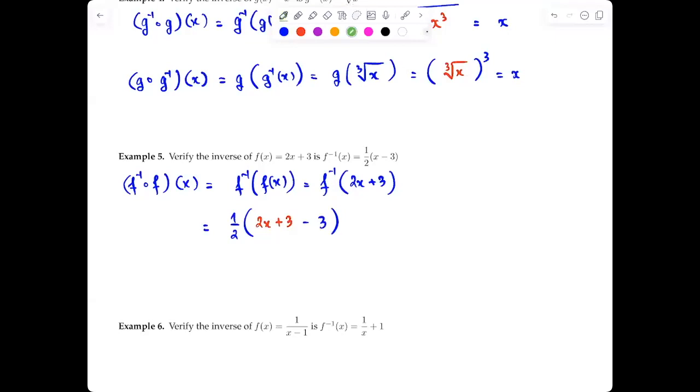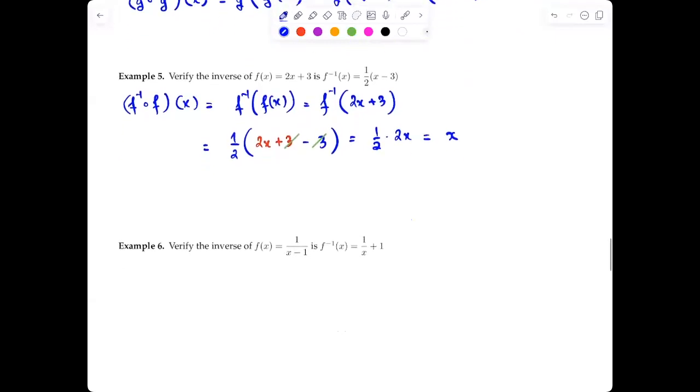And here you see that 3 and negative 3 cancel out, and you're left with 1/2 times 2x. And 1/2 times 2 becomes 1. You're left with x at the end. And again, this shows that f inverse and f are inverses of one another.